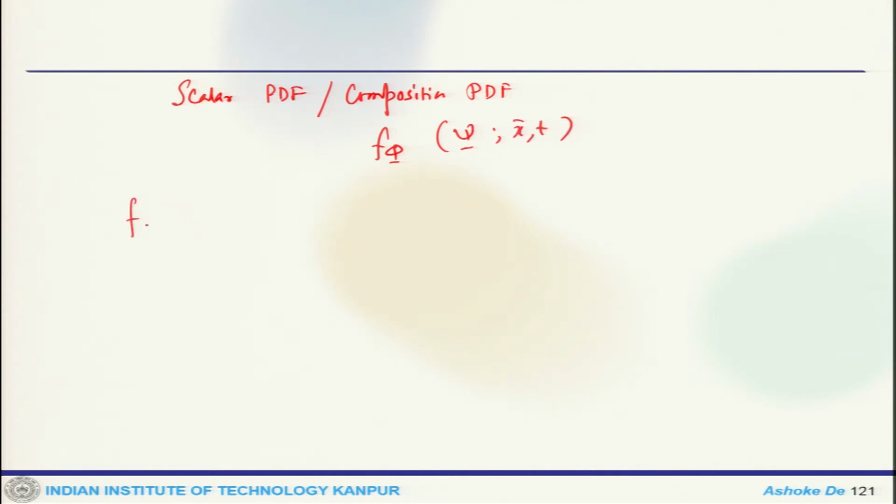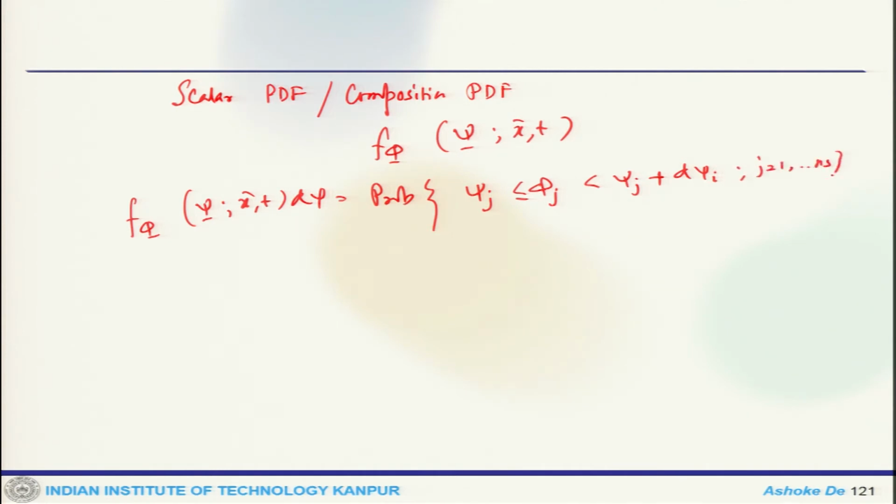One can find the one point probability density function, which is the scalar PDF or composition PDF, defined as f phi psi x t. f phi psi x t d psi is the probability of having phi j between psi j to psi j plus d psi j, where j goes from 1 to n s.